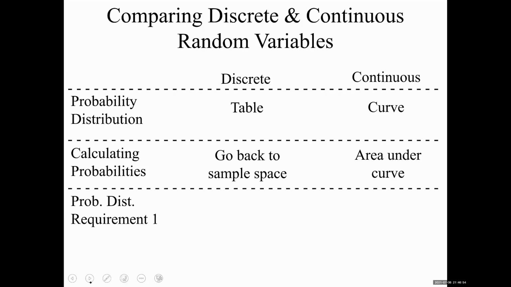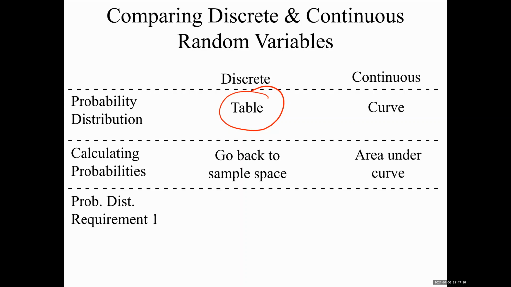And then we have the two requirements for a probability distribution. The first one, for a discrete random variable, the one where you have a table: all the probabilities on the right side of the table have to be what? Equal to 1? No. You might be getting confused with the second requirement. Every single probability has to be what? Positive, and what else?